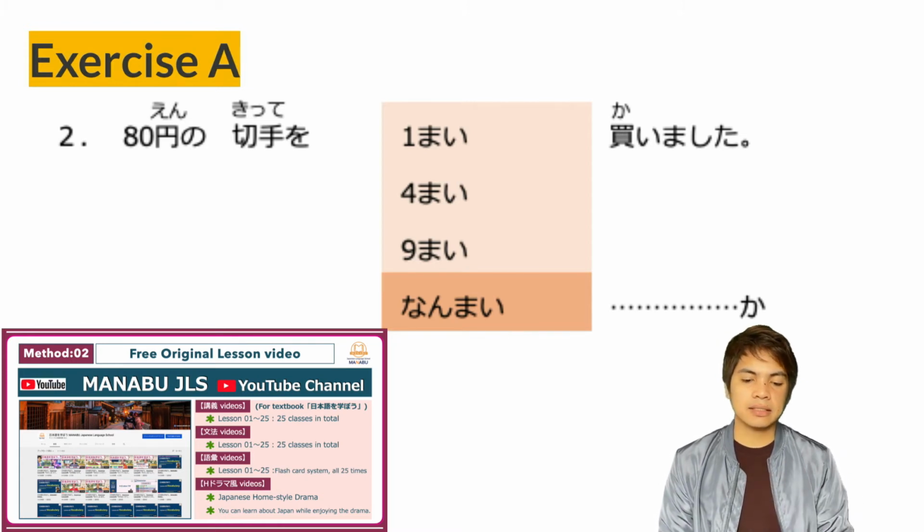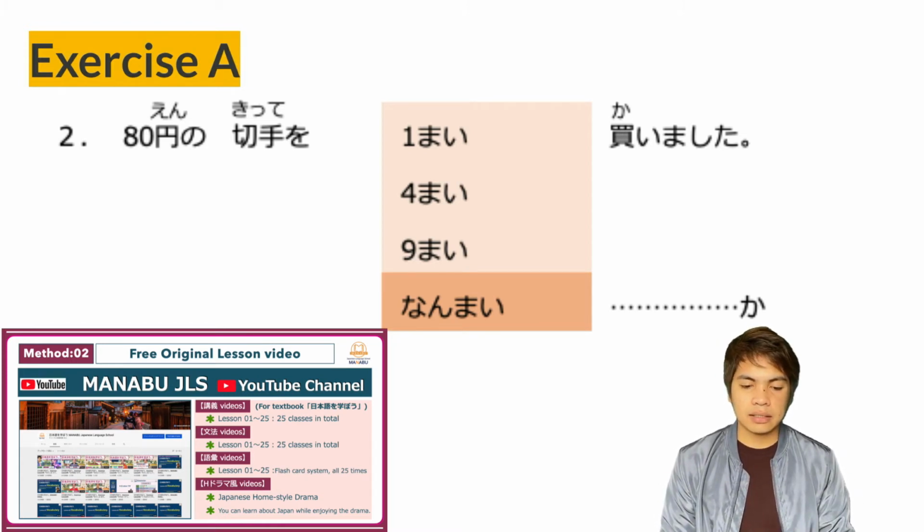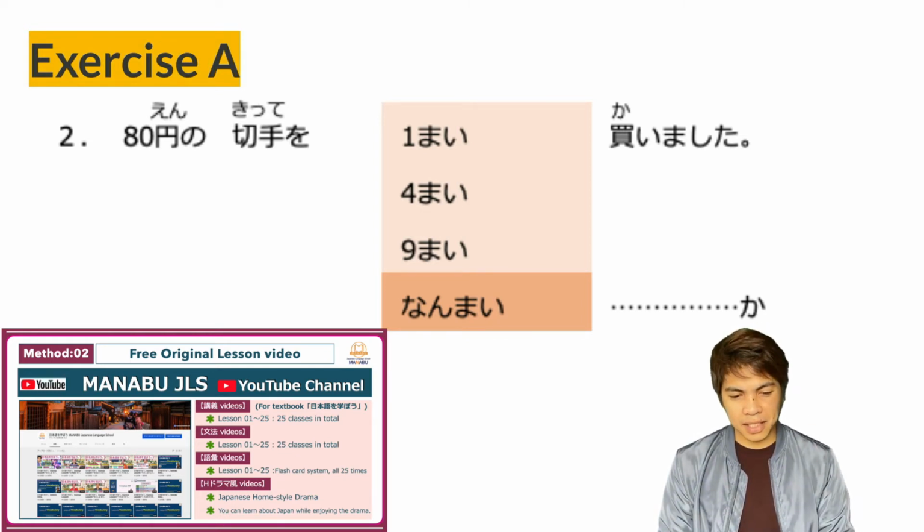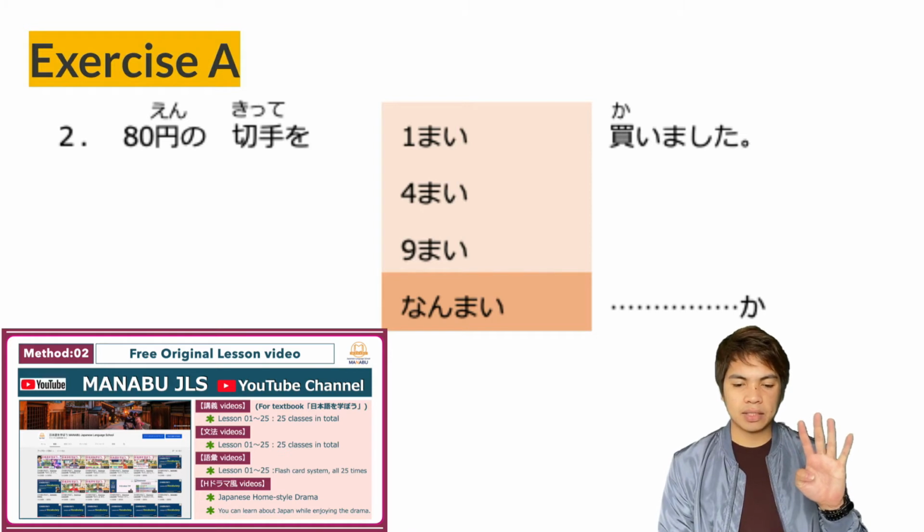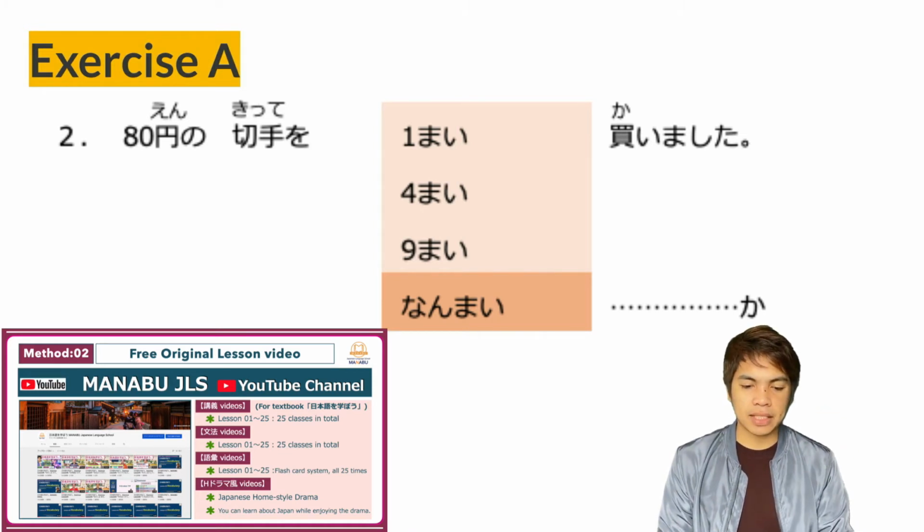The answers are 80 yen no kitte o 1枚買いました。Next line, 4枚買いました, I bought 4 pieces. Next line is 9枚買いました, I bought 9 pieces.